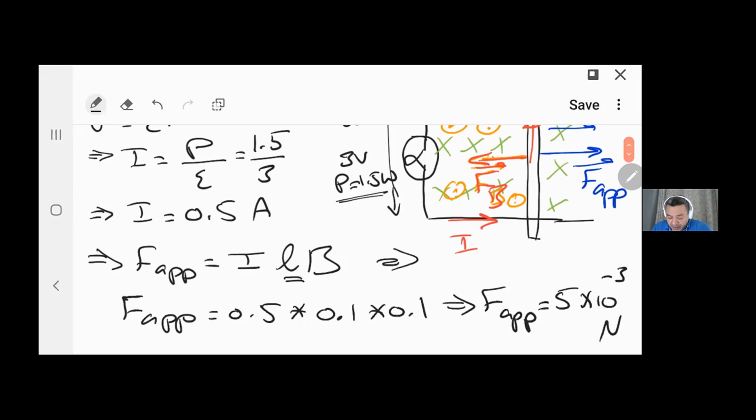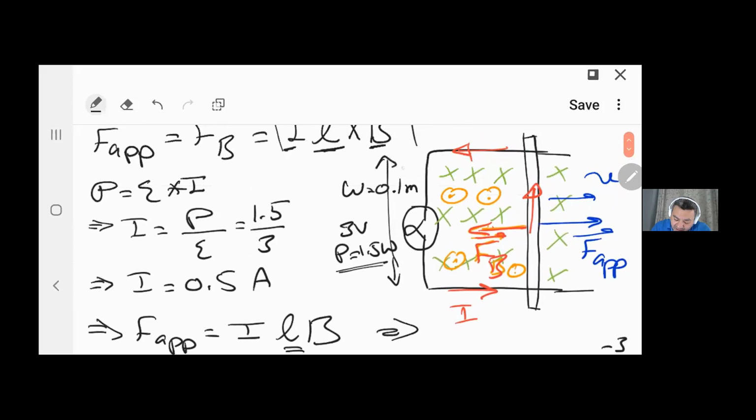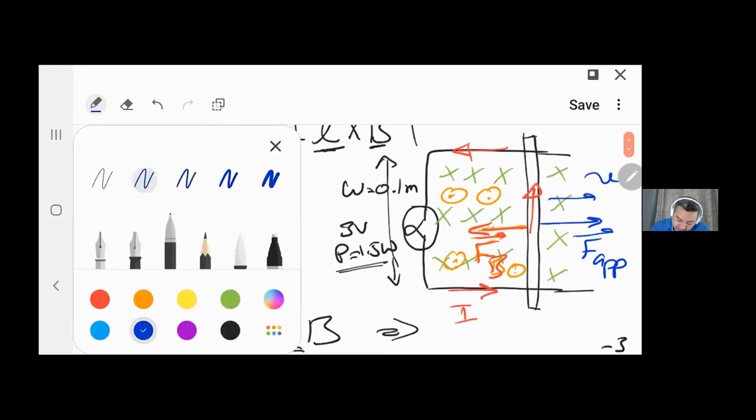Okay. Here the L is different than the L we used before. Here my L is the length of the bar. So here my L is this length of the bar.